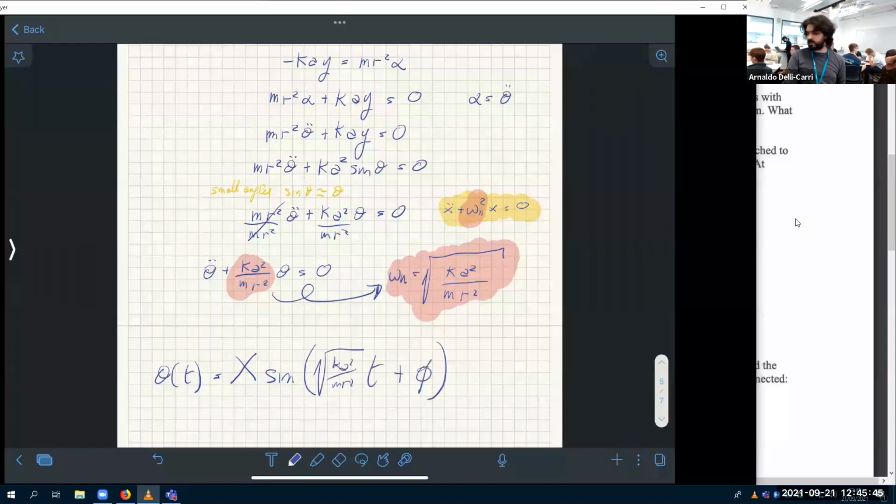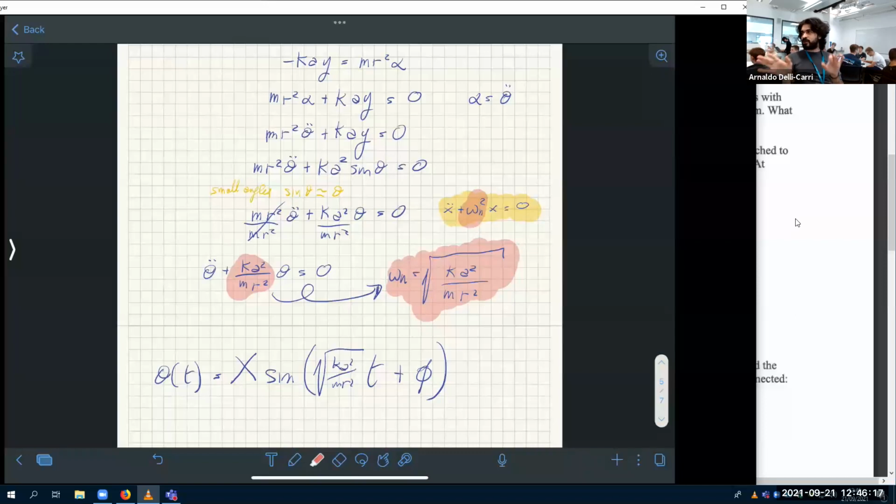We don't know X and phi because I need to tell you how many degrees I've pulled down the bar before releasing it. Because if I pull it down by a small amount, it will oscillate by a small amount. If I pull it down by a large amount, it will oscillate by a large amount. That makes sense.